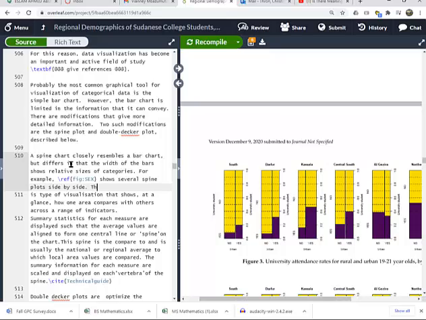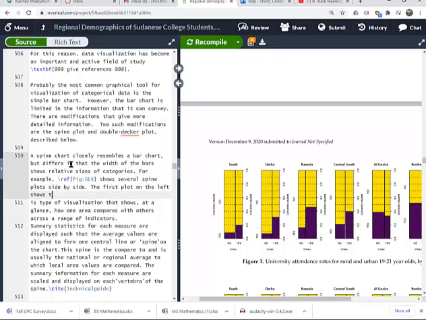The first plot on the left shows the division between, let's see, the first plot on the left involves three variables. No, only 2 variables. So it involves 2 variables.